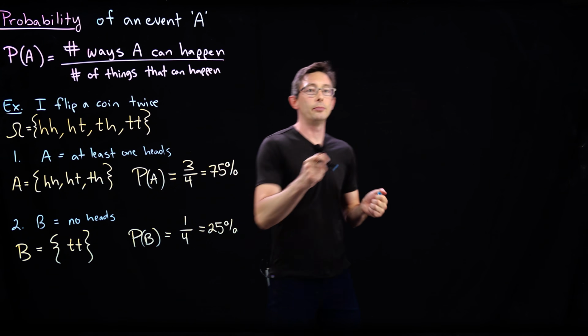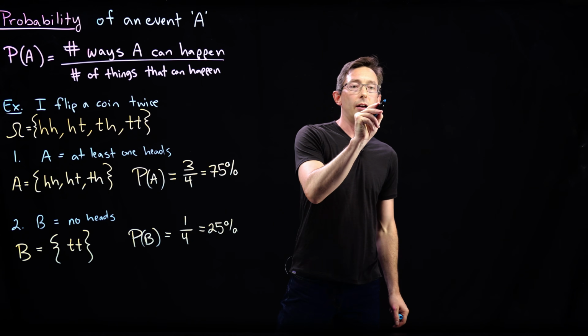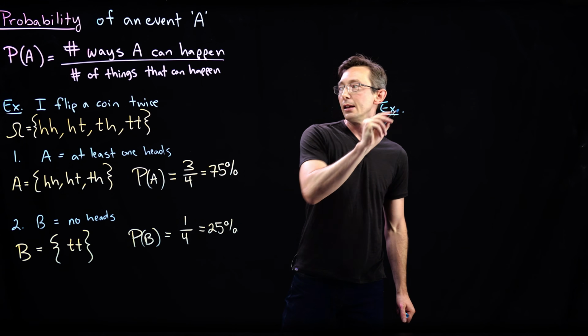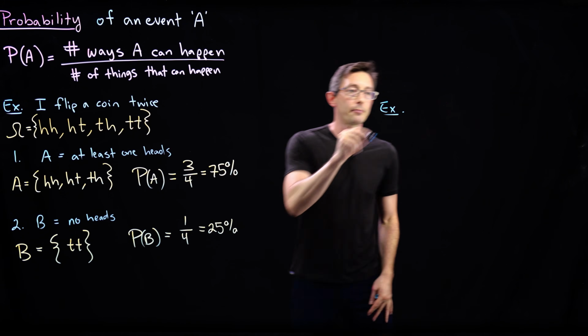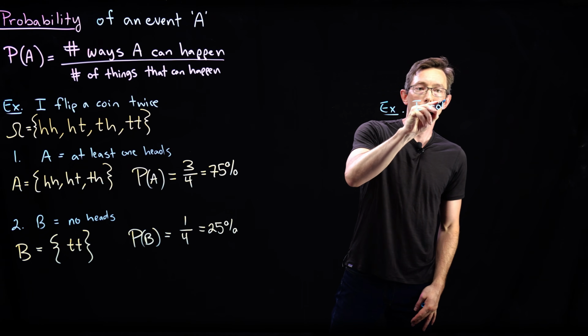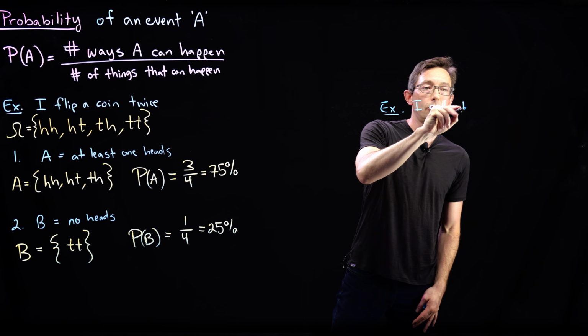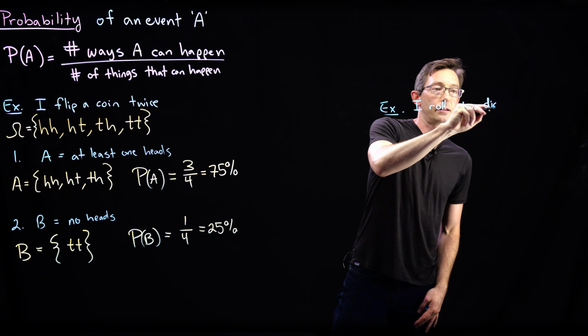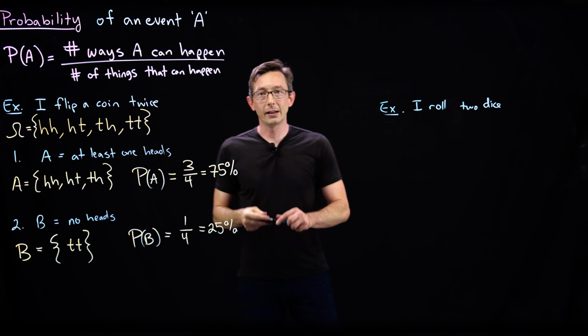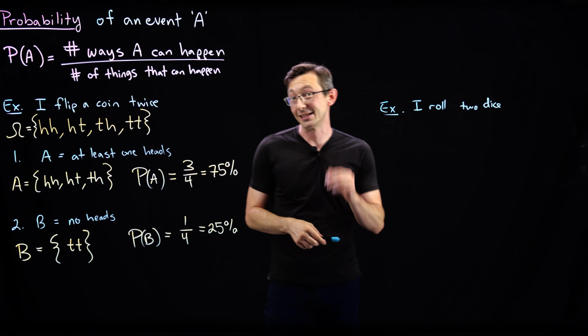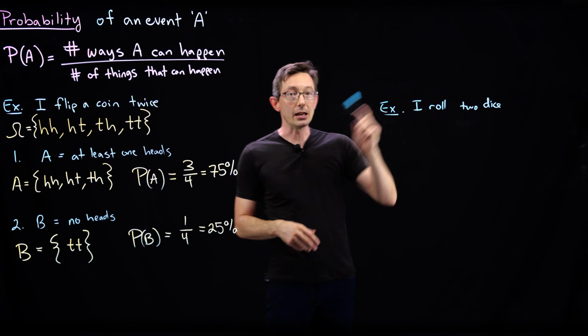So second example is pretty easy. So my second example is, let's say I roll 2 dice. Now, depending on who my audience is, I have to specify that this is a 6-sided dice with equal probabilities.